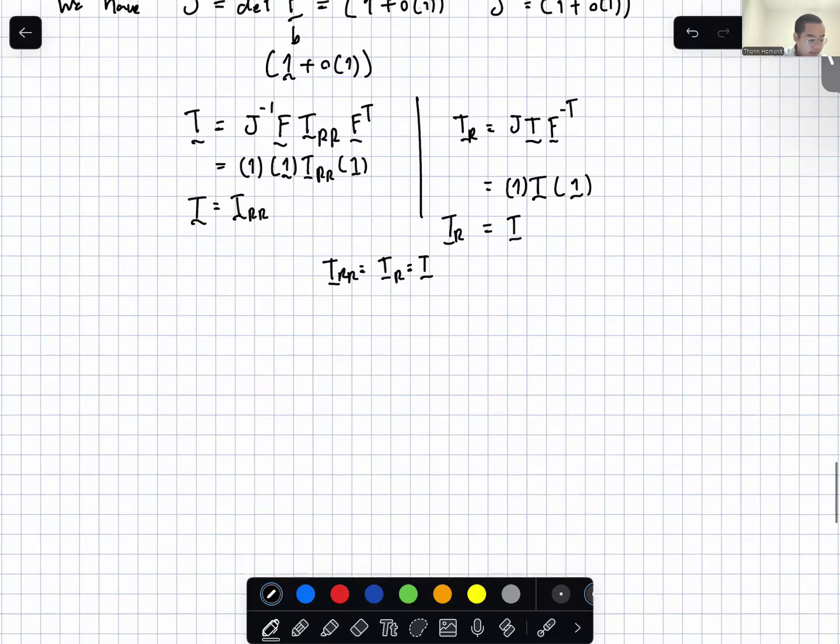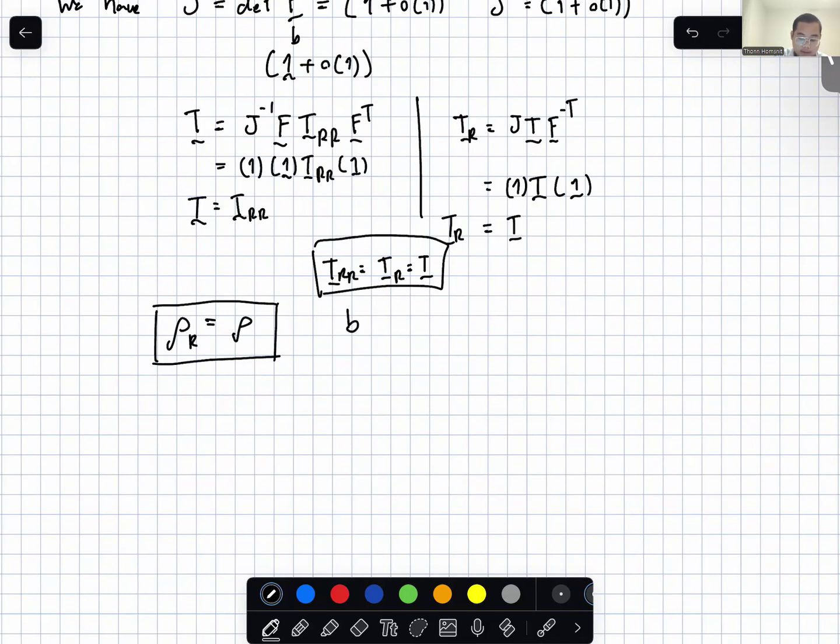There are also two other variables that can be defined too. If you go back to the mass conservation, we have that rho_R is equal to J times rho, right? So J is basically one, so it goes like this. It goes the same way with the convective body force, which I can write as B_R as we had in the previous lecture, and it is also equal to B in the current configuration.